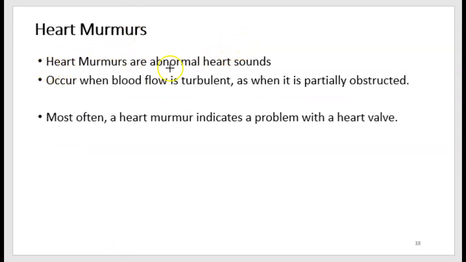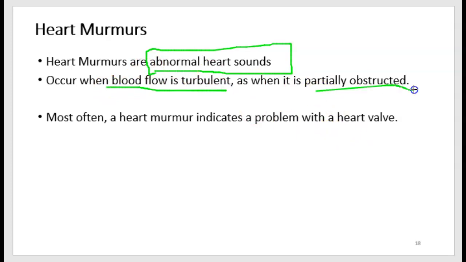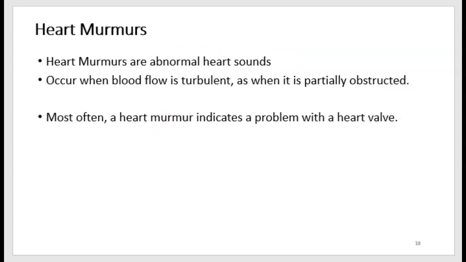These heart murmurs are abnormal heart sounds. We normally hear lub-dub, lub-dub, two heart sounds, S1 and S2. But when the blood flow is turbulent or partially obstructed, then we've got another sound, either a swishing or a clicking. Most of the time that indicates a problem with a heart valve.